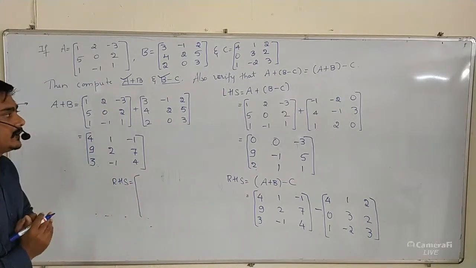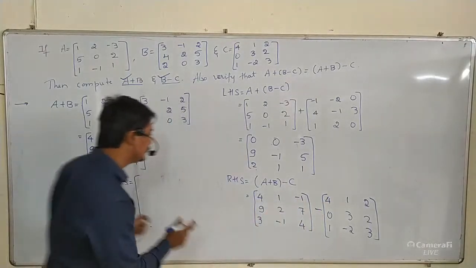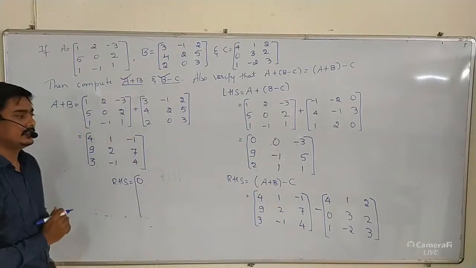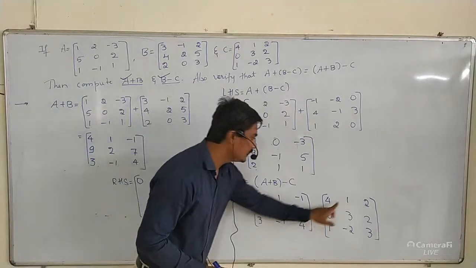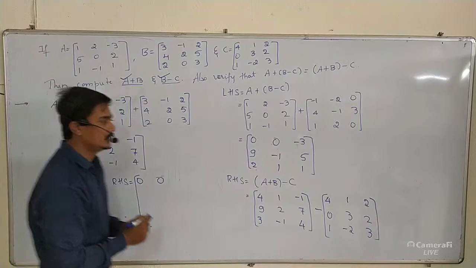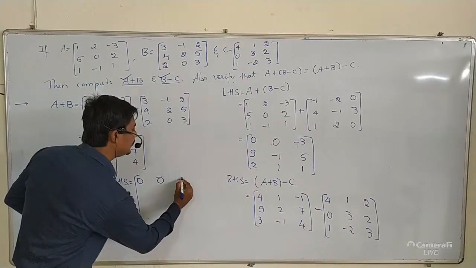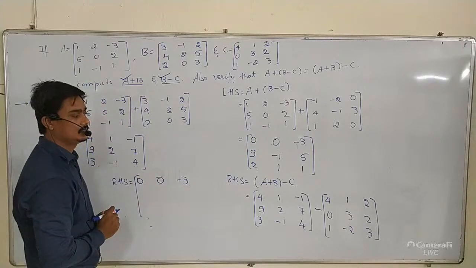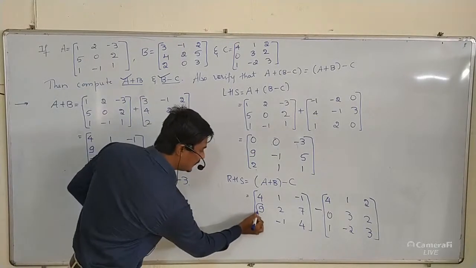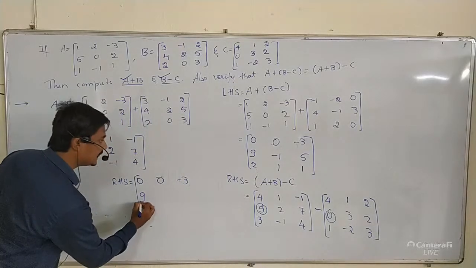RHS is equal to, let us subtract these two matrices. This is plus 4, this is minus 4, which becomes 0. This is plus 1, this is minus 1, which is also 0. This is minus 1, minus 2, it becomes minus 3. 9 minus 0 is 9.